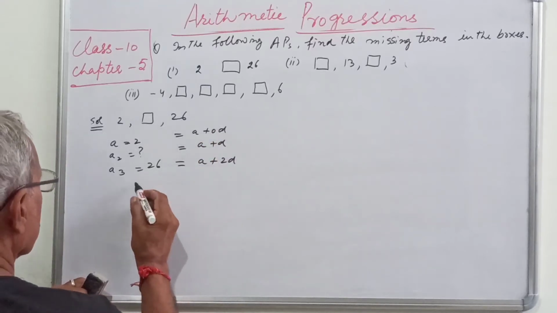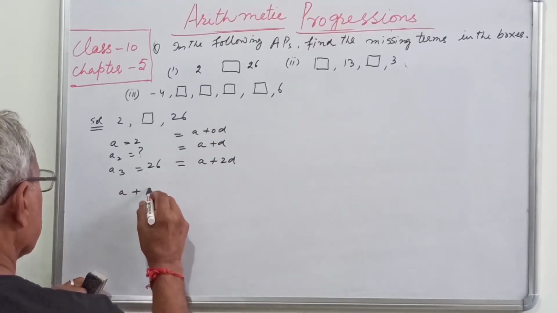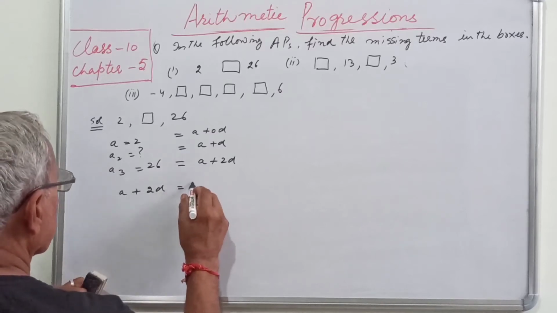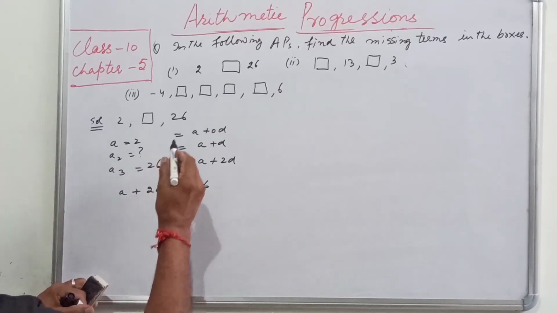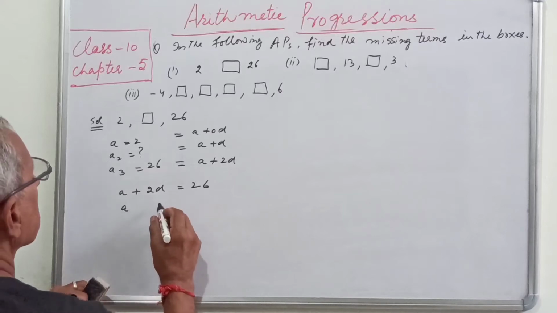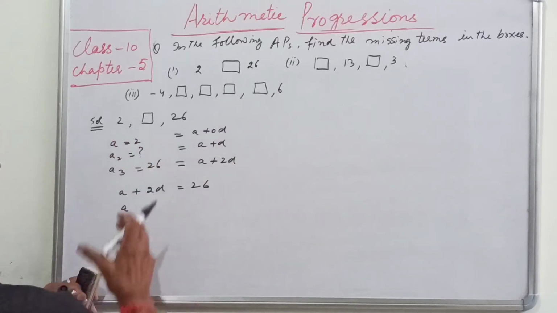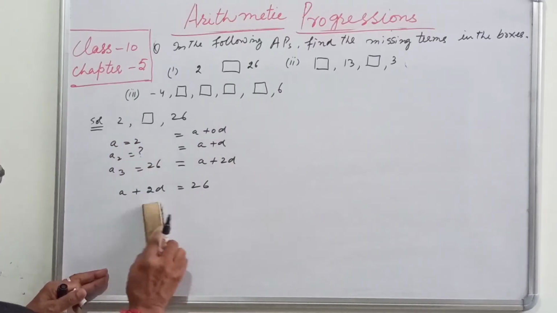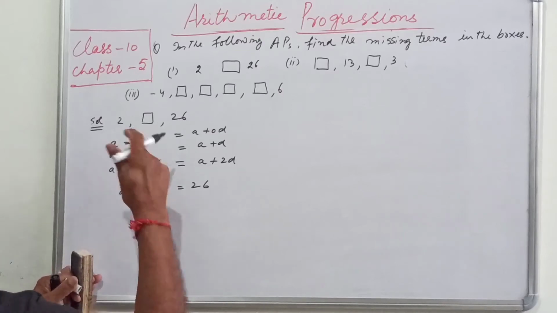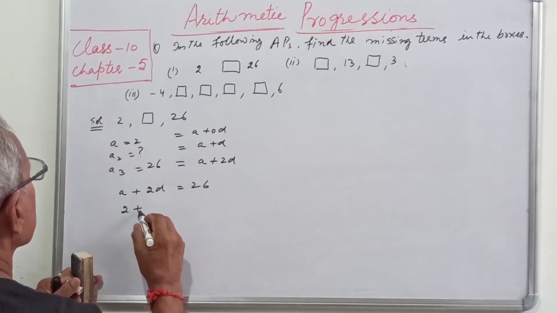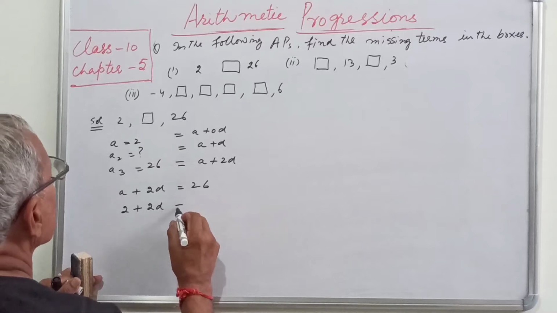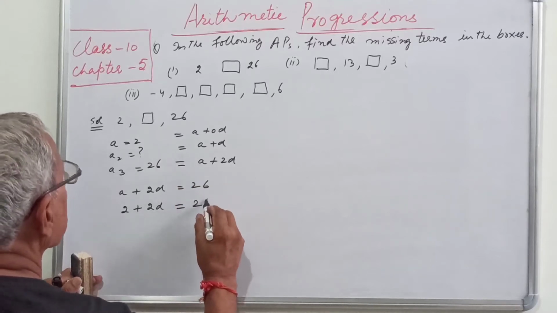So we have to write A plus 2D is equal to 26, and substitute the value of the given term here. A is 2, plus 2D, is 26.